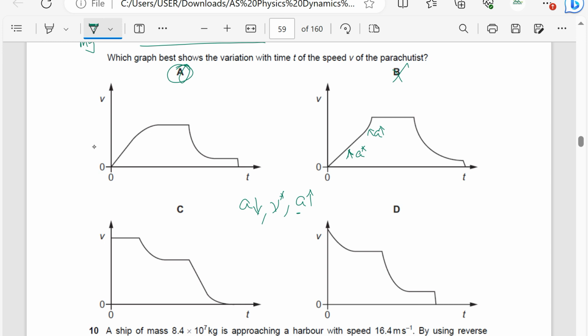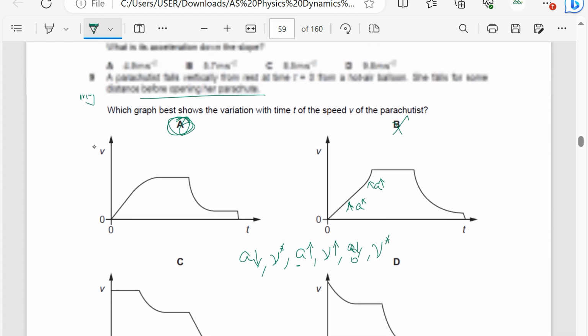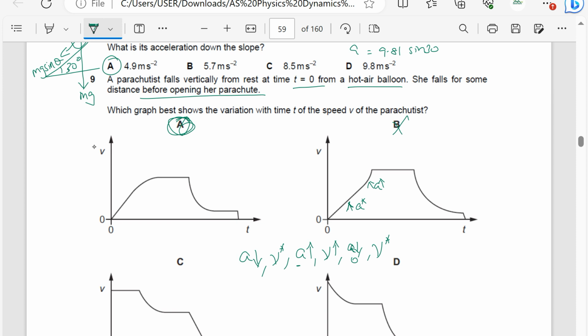The gradient will be negative. So that means the speed decreases in the opposite direction until again it reaches another terminal velocity where acceleration decreases to 0, and the v again becomes constant, and so on and so forth. So the answer is going to be A.